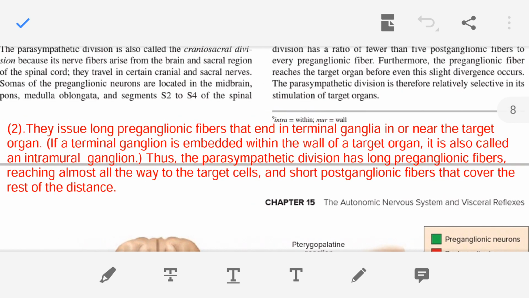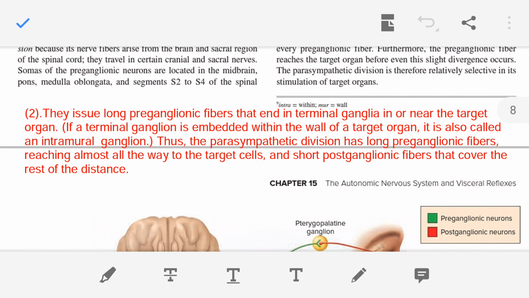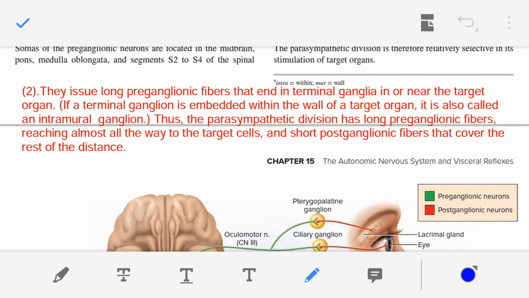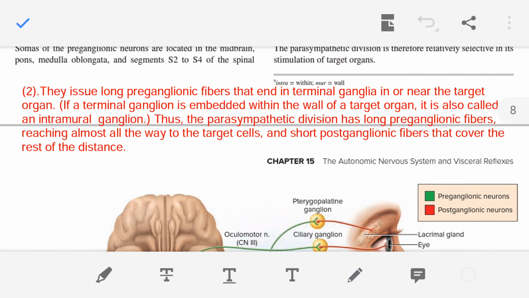So that means the terminal ganglia are embedded in the wall of the target organ. So here we can understand the length of the preganglionic fiber. They are long enough that they reach up to the level of the target organ. Okay, they are elongated up to the target organ, and finally they terminate in the terminal ganglia.